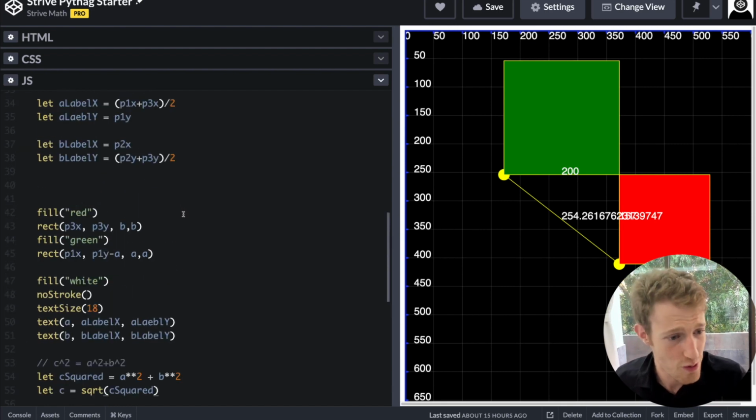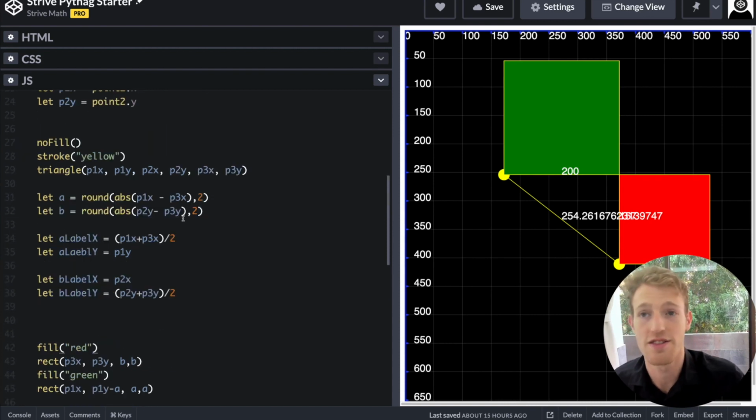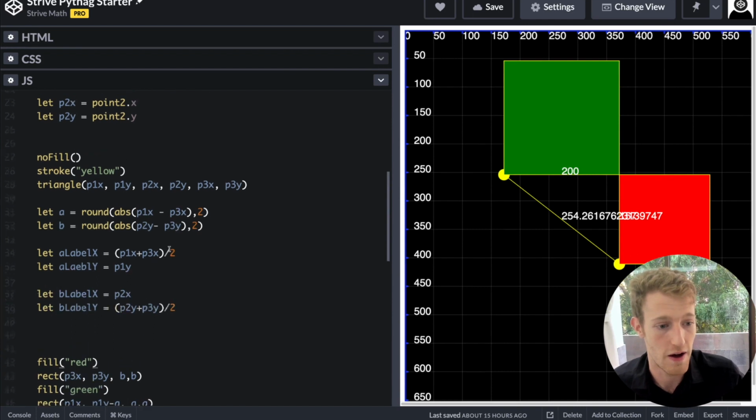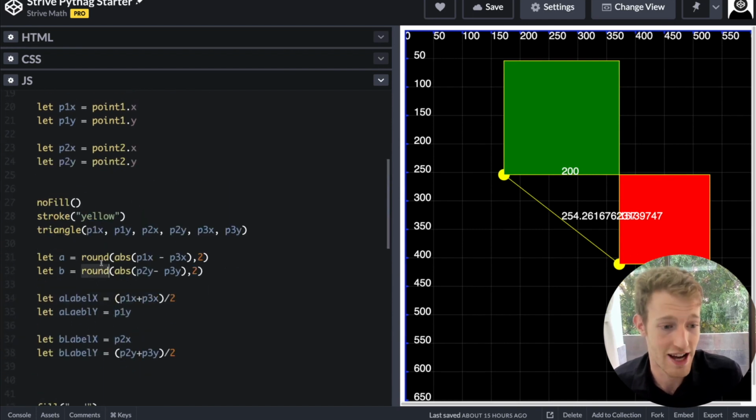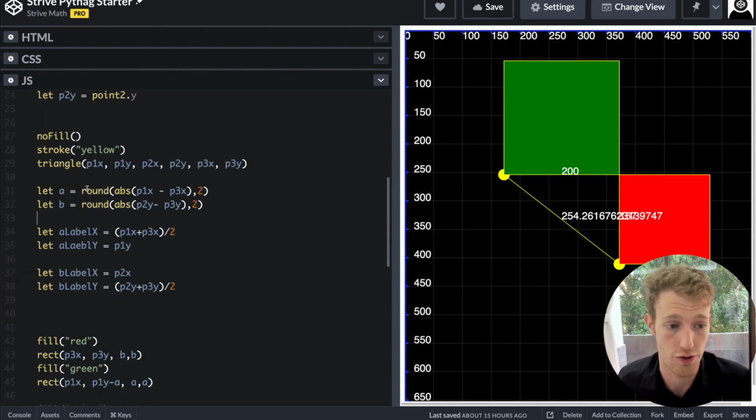Really simply, there's a function called round, which lets us round a particular number to a certain number of decimal places. I've actually done it here with A and B to say we're going to round those two. So round takes two arguments, right?